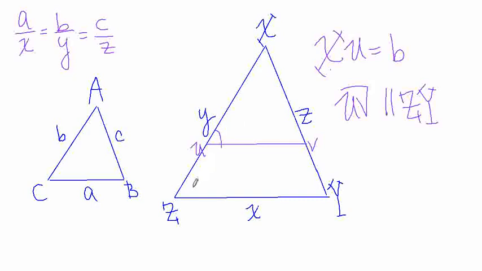So you can see that these angles are congruent. And then triangles XUV and XYZ both have angle X in common. So now you can use the AA similarity theorem to show that those two triangles are similar.